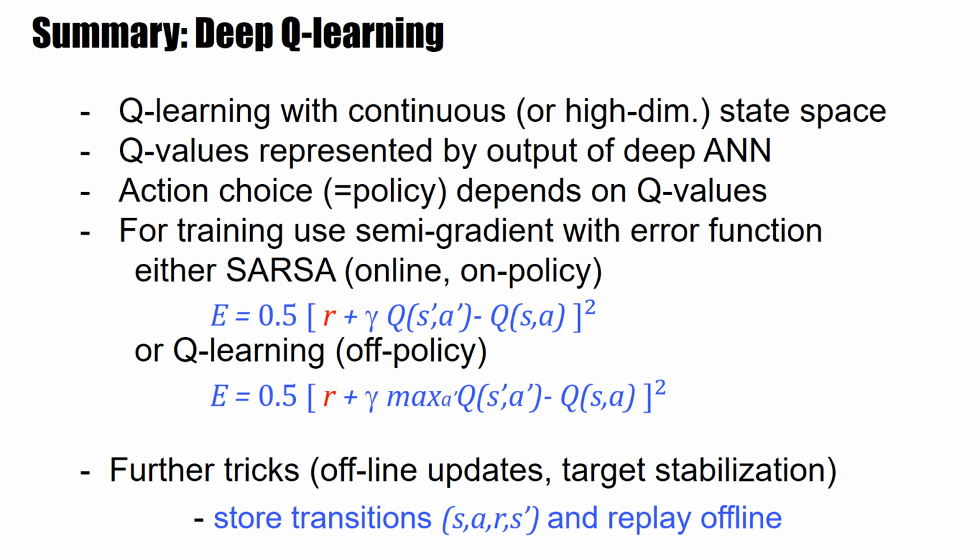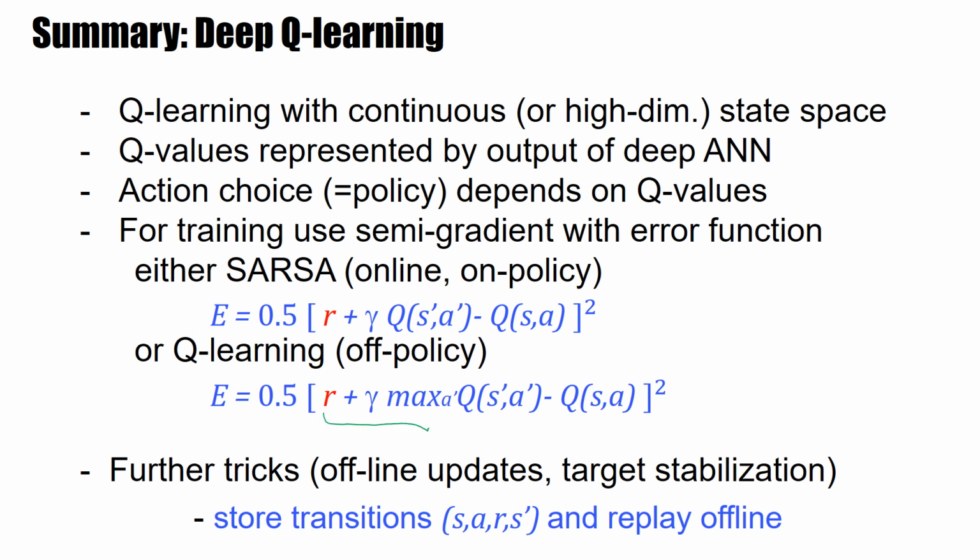For training, we use a semi-gradient on an error function, either the SARSA error function or the Q-learning error function. Q-learning is off policy, SARSA is on policy. Now, Mnih et al. used further tricks. They further stabilized the target values. Remember, what is the target?